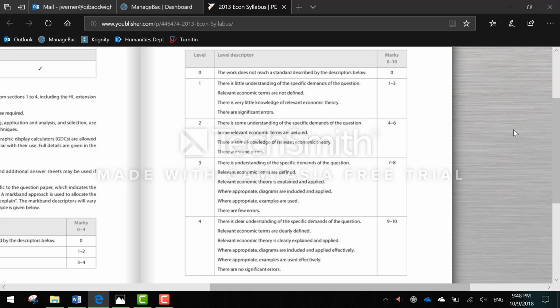And so if the diagram is perfect and the real-world examples really strengthen your explanation, then we can get up to level 4. 9 out of 10, 10 out of 10 is possible, is within reach.